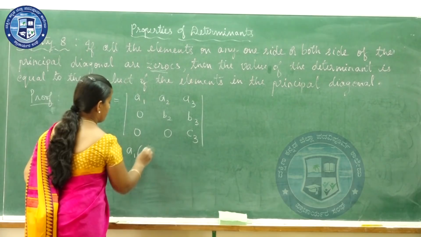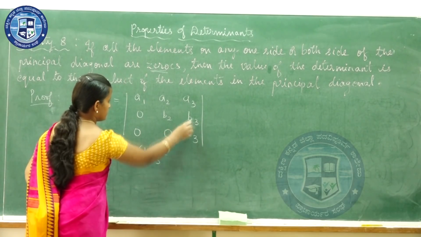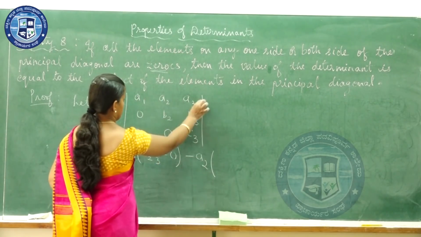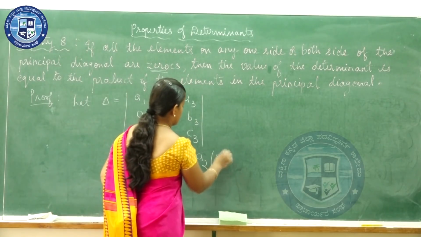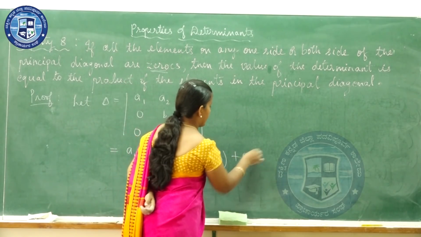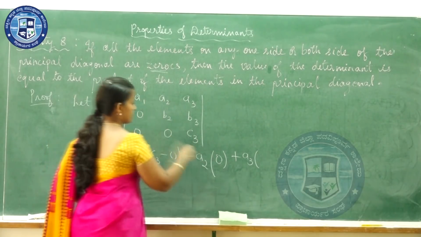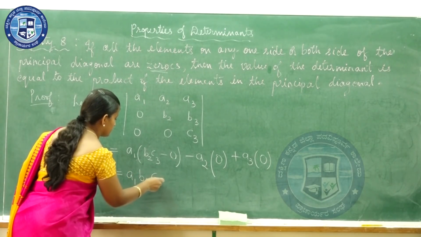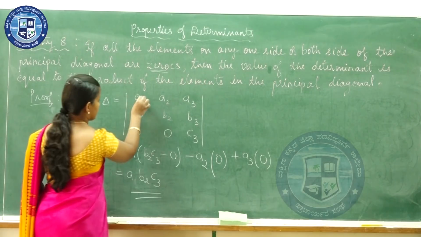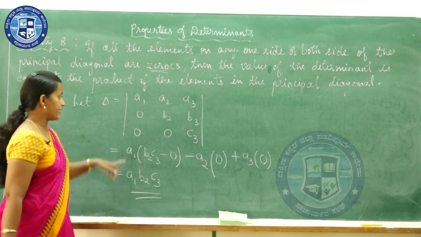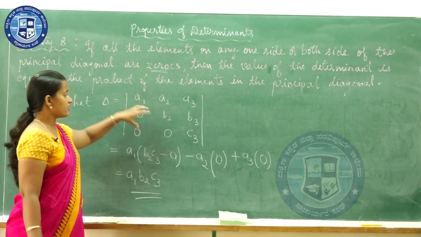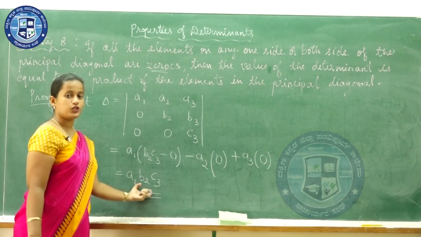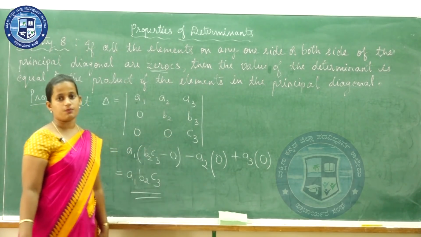A1 into B2, C3 minus 0, minus A2 into 0 minus 0 is 0 plus A3 into 0 minus 0 is 0. So what remains? A1, B2, C3. So A1, B2, C3 is nothing but the elements of the principal diagonal. So if all the elements in the lower side or the upper side are zeros, then the determinant will be equal to the product of the elements in the principal diagonal.